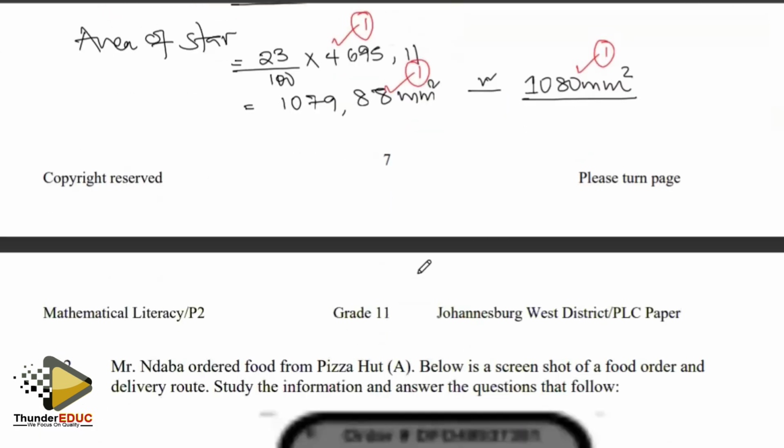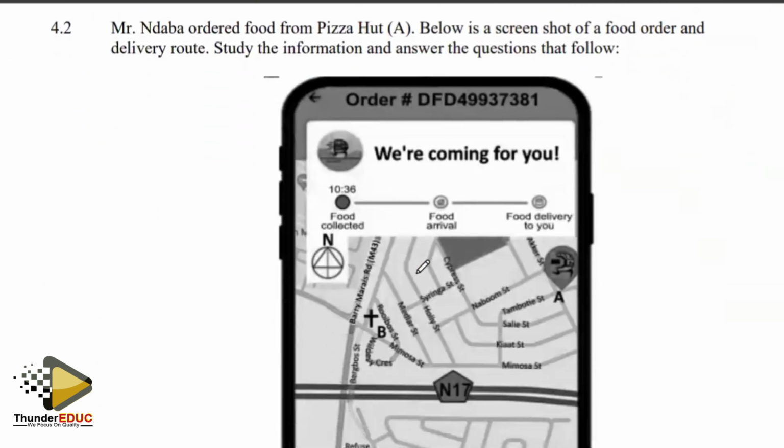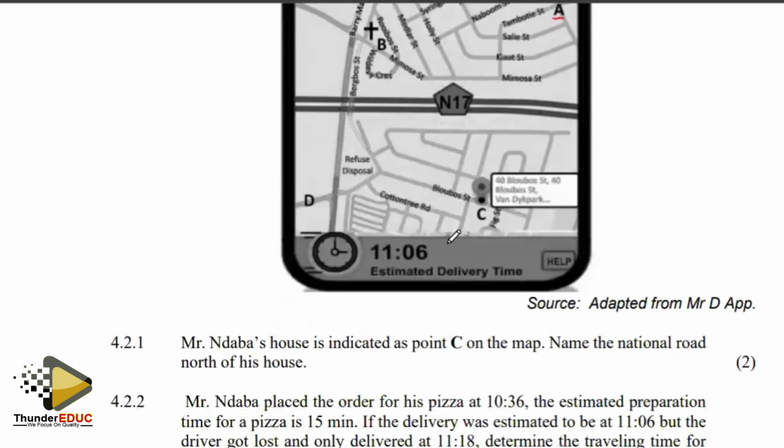Okay, we got question number 4.2. Miss Andava ordered food from Pizza Hut A. The Pizza Hut A, it's here. Below is a screenshot of a food order and delivery route. Use the information and answer the questions that follow.